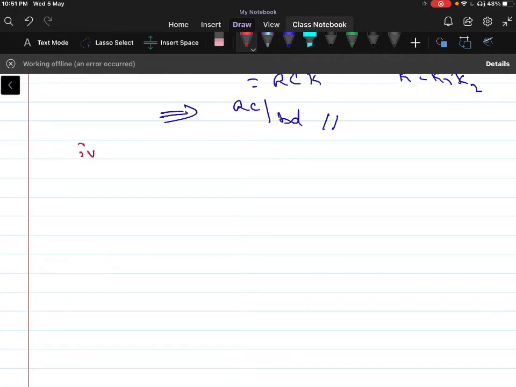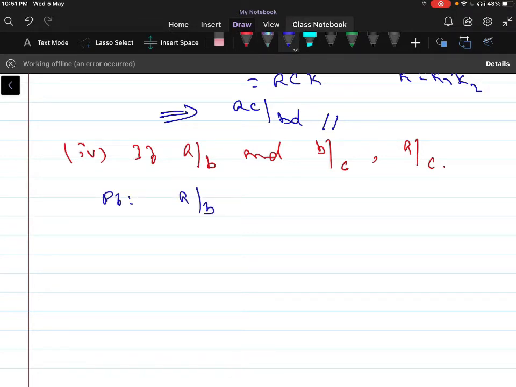Now we take the fourth result. If a divides b and b divides c, then a divides c. Let us move to the proof of this. Here a divides b, so this implies b is equal to a into k1, and b divides c, so c can be written as b into k2.